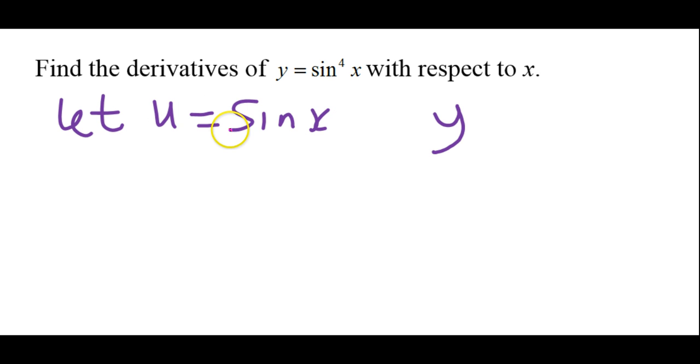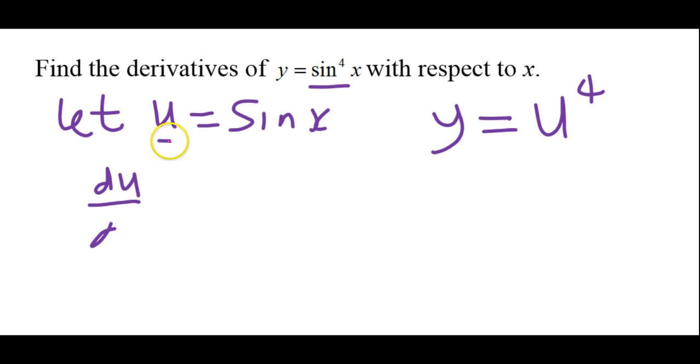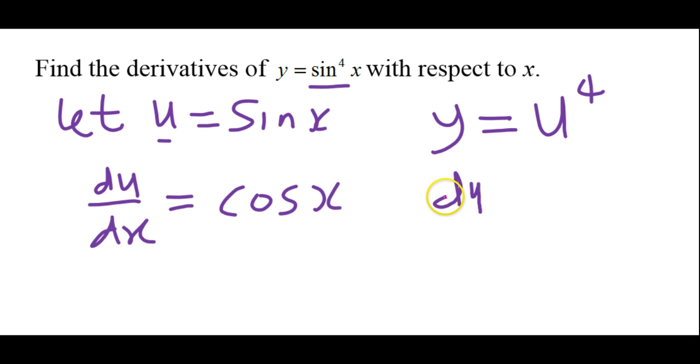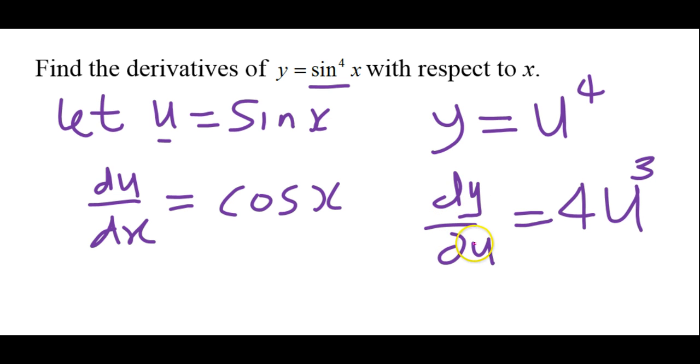In that case, the whole of the function y can be written as u to the power 4 because of the power 4 here. Now, when I differentiate this part alone, that is du/dx, differentiating sine x will give me cos x. As simple as that. Then differentiating this one with respect to u will give me 4u to the power 3.